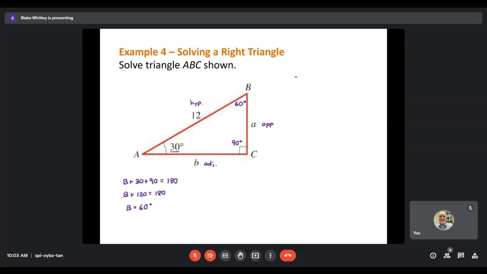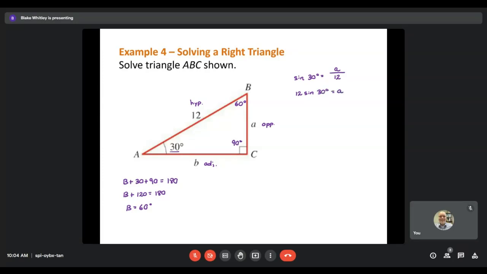So I'm going to do the sine of 30 degrees is equal to my opposite side, which is A, over the hypotenuse, which is 12. Now we can just multiply both sides by 12 to get 12 times the sine of 30 degrees is equal to A.